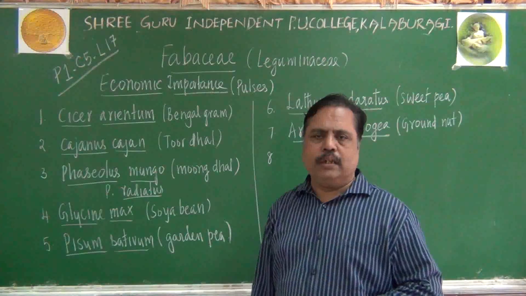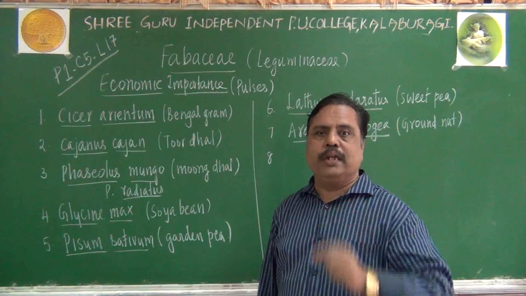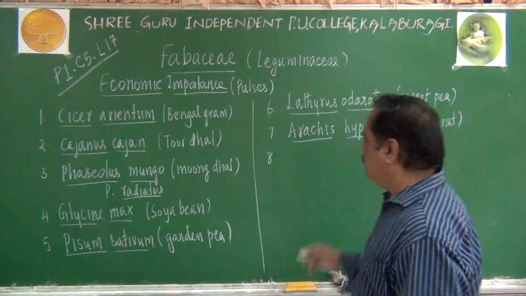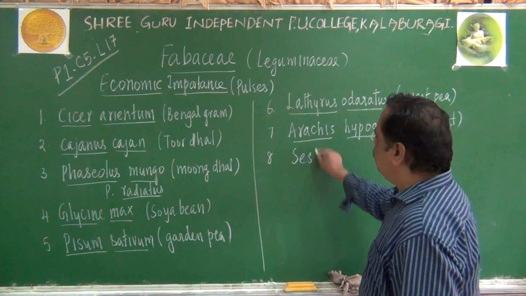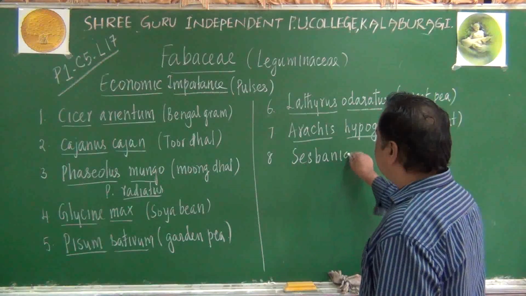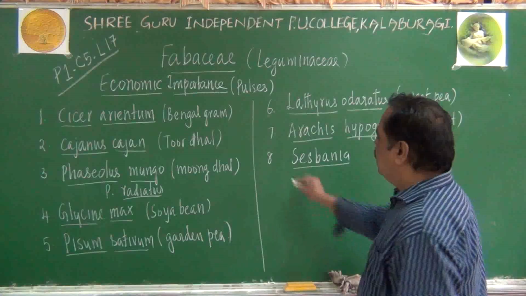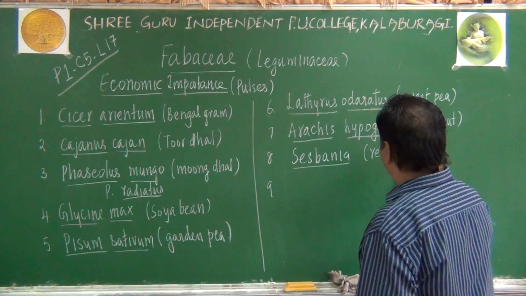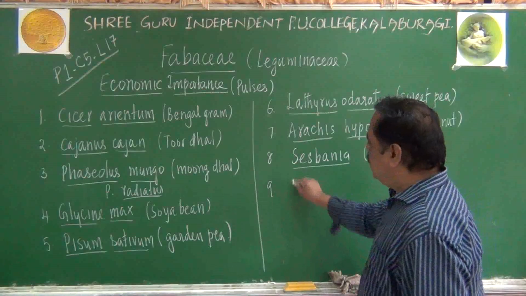In addition to that, there are wood yielding, timber yielding plants also, you may be remembering. Sesbania we are telling. Okay, Sesbania, like that. Dalbergia, this is I think a redwood, Indian redwood, you have to know.